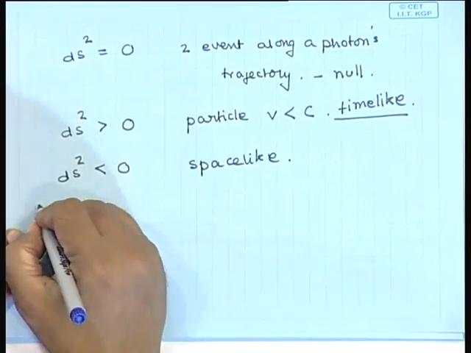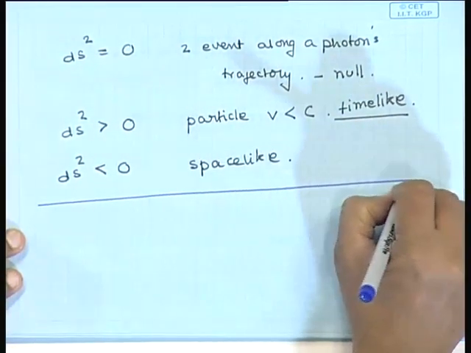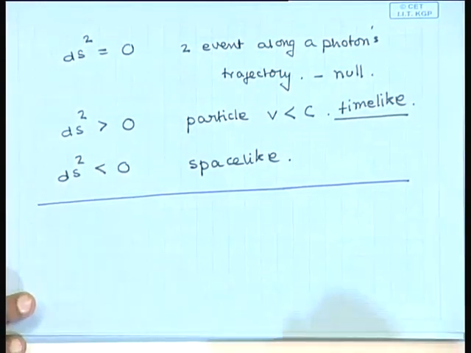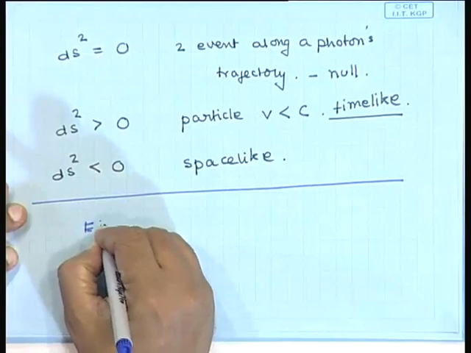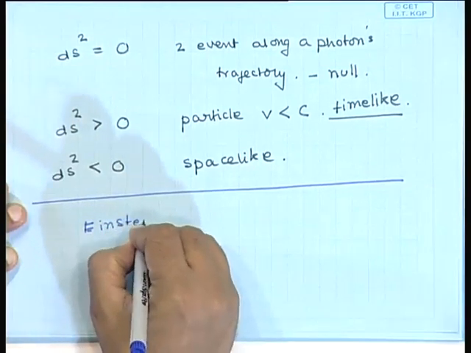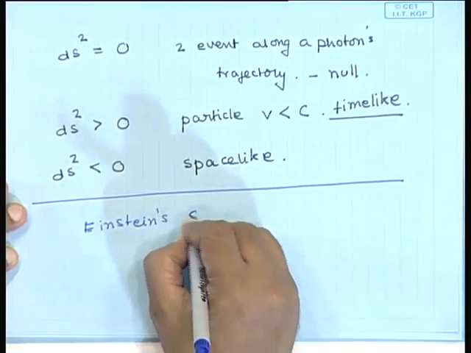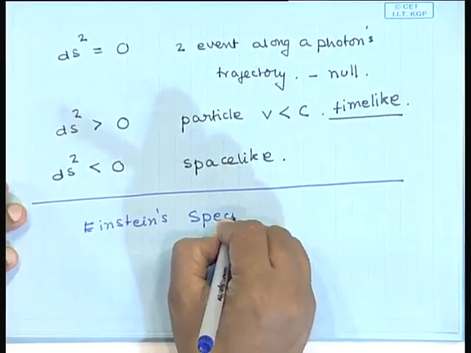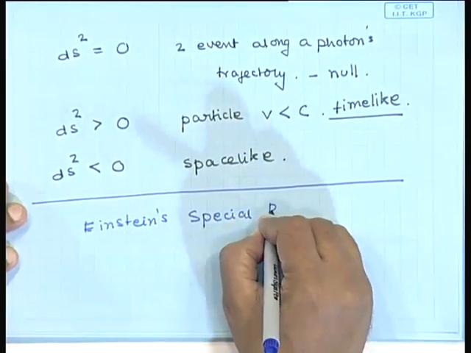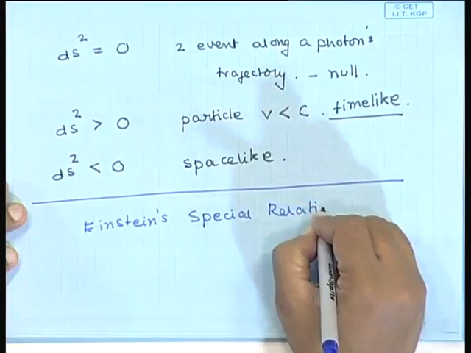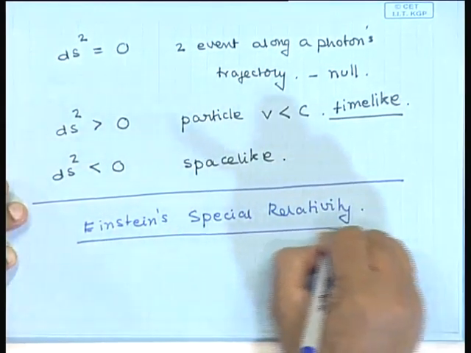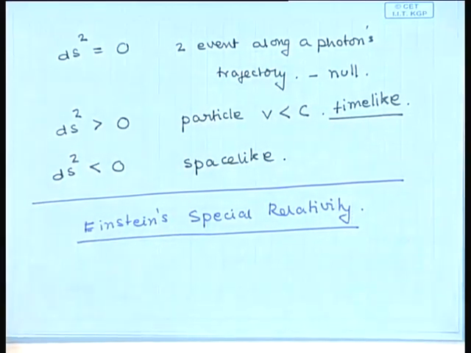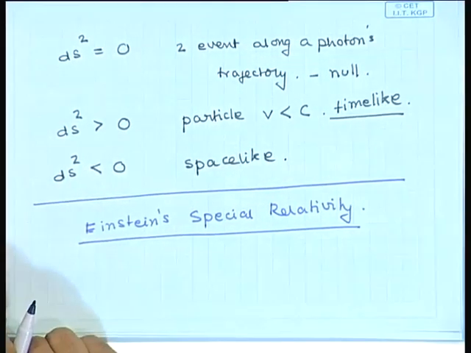Now, Einstein's theory of special relativity. What does Einstein's theory of special relativity tell us? It says that all inertial frames are equivalent.